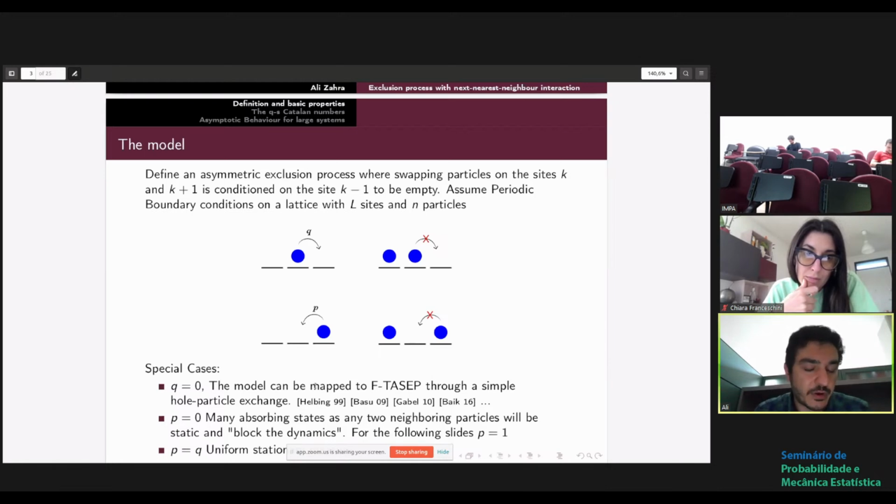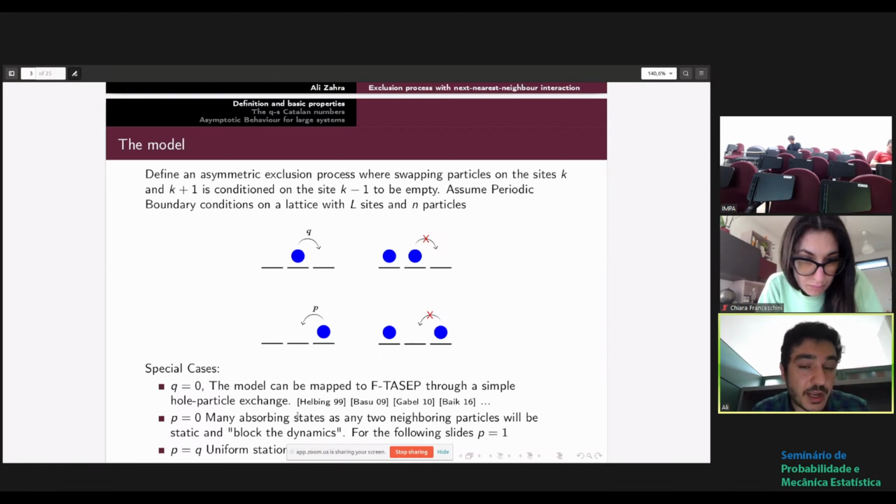While for systems which are less than half filled, of course for facilitated it would be the other way around, because we have particle-hole exchange, there can be a current. The system is not blocked.